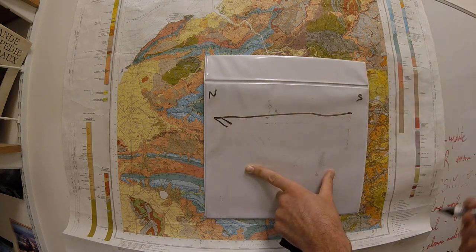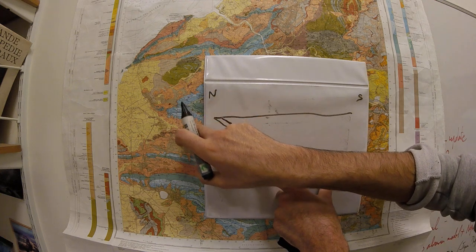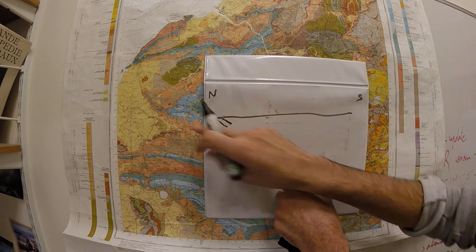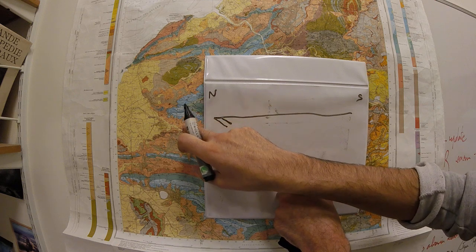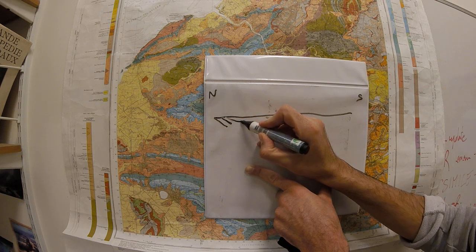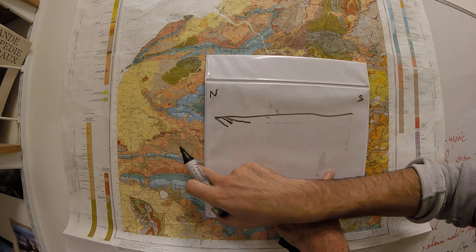I'm exaggerating here because it's not easy to draw, but when you look at the shape of the contours, that seems to suggest the Triassic is dipping at a lower angle than the Carboniferous. So what you will have is a low angle contact like that, and it's the same on the other side.